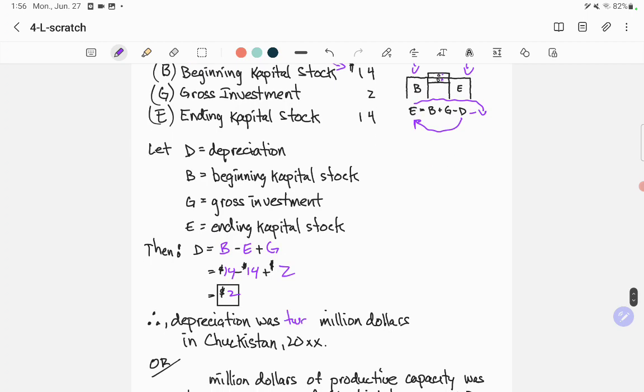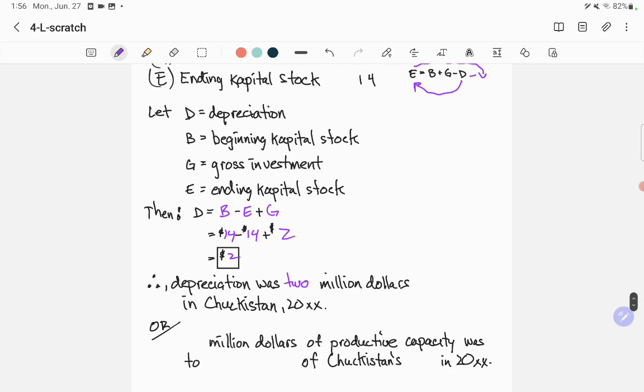Depreciation was $2 million in Chuckistan in 20XX, or $2 million of productive capacity was used to produce all of Chuckistan's GDP in 20XX.